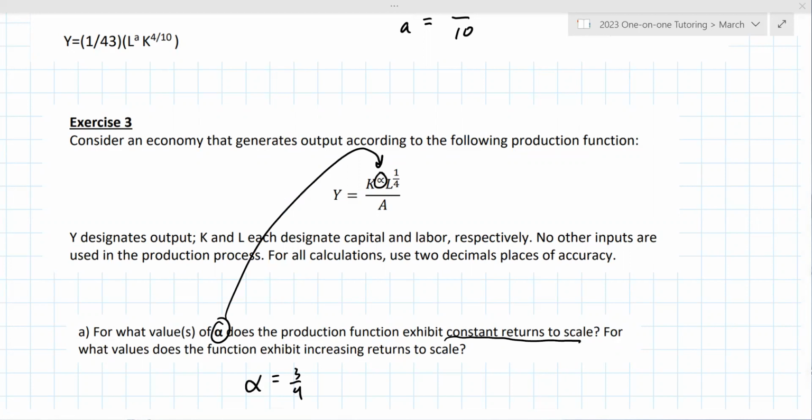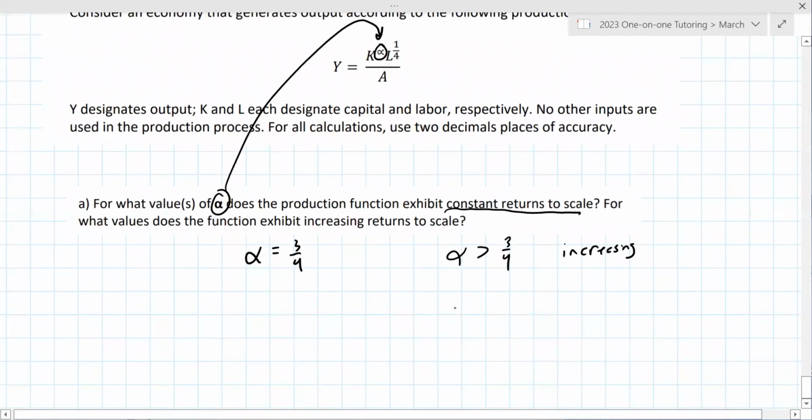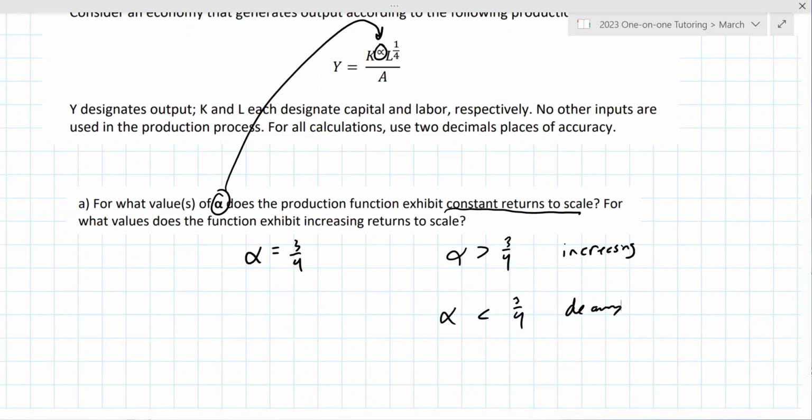That's exactly what the solutions say: alpha greater than 3/4 is increasing, and alpha less than 3/4 is decreasing. That's easy enough. You see that they're very repetitive here.